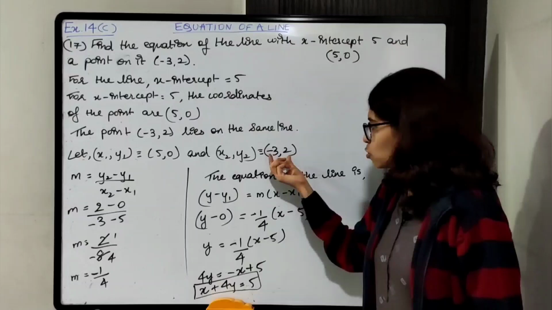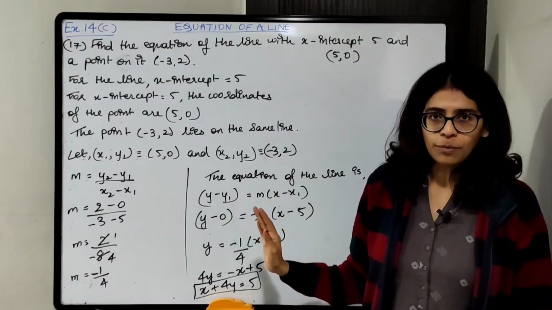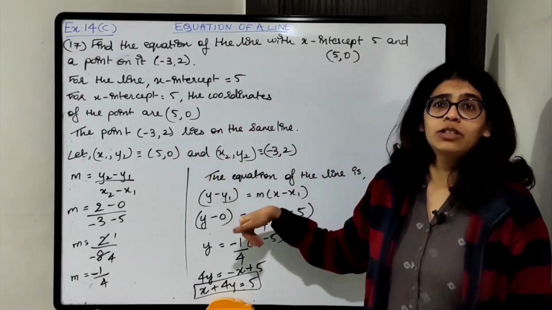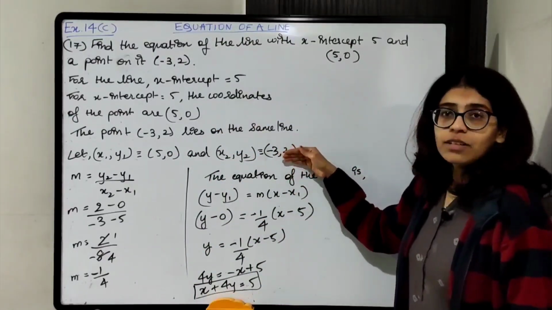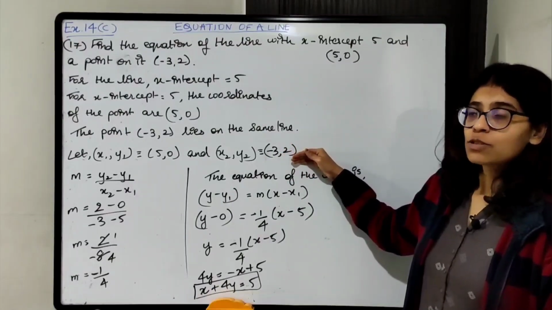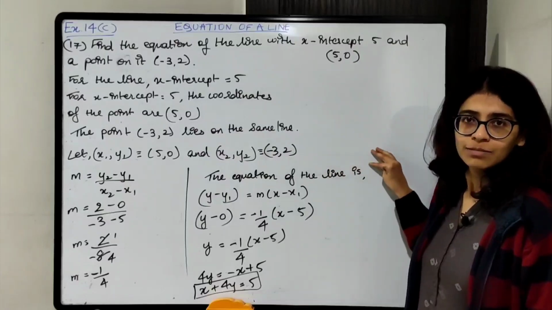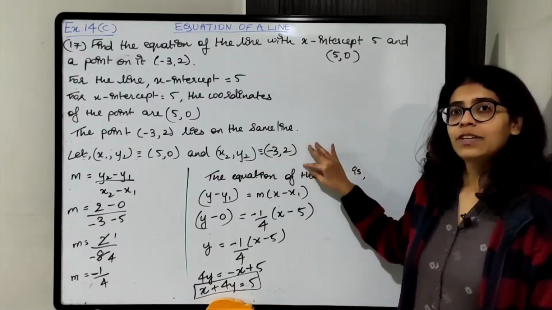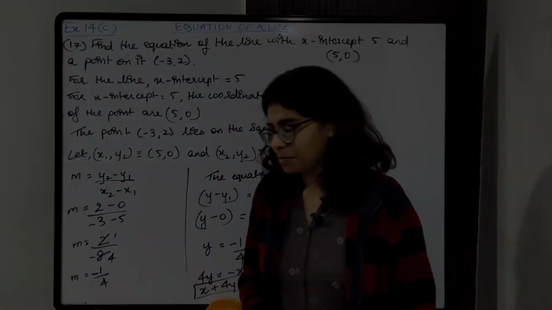Even if you consider x2 y2 by mistake, equation तो correct ही आने वाला है. It's not going to go wrong because both the points are lying on the line, so it has to satisfy the equation. But over here we are going to consider x1 y1, so formula में x1 y1 है, इसलिए it's better that you write down over here. Okay, m and x1 y1 हमेशा पहले लिख लो. So don't forget the final statement.